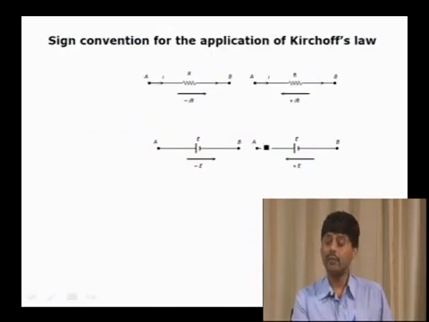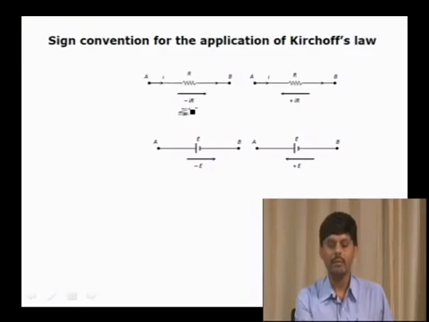Yes, the sign convention for taking the IR product, whether it is plus or minus. If you move from A to B in the direction of the current, we take the IR product as minus IR. Suppose you are moving from B to A, then the IR product is taken as positive, plus IR. It means in the direction of the current, we take minus.